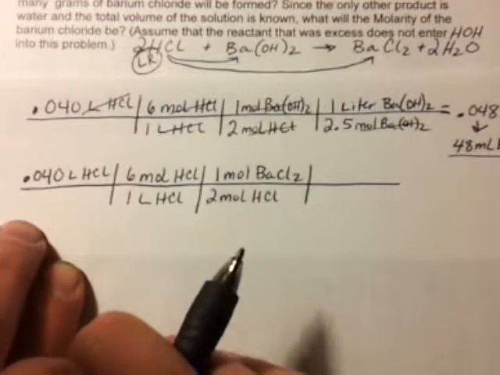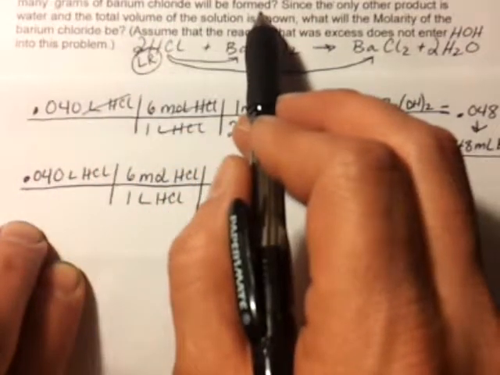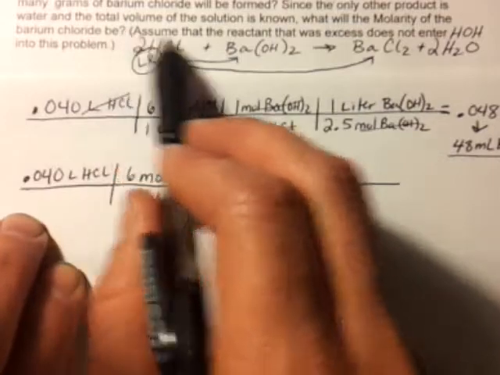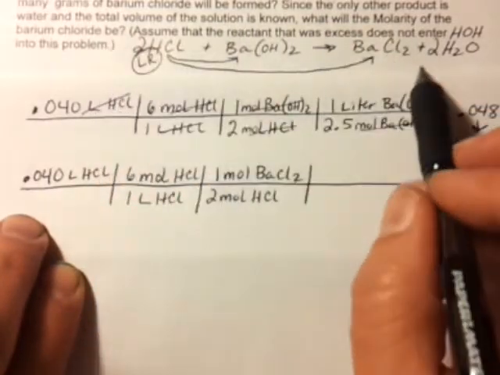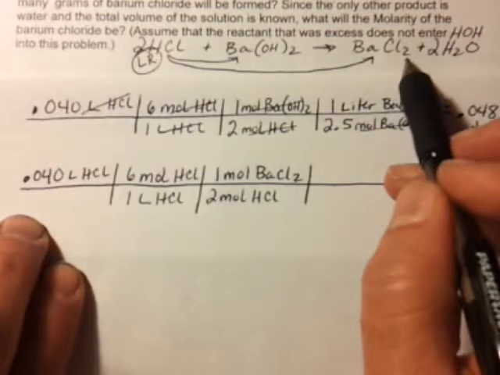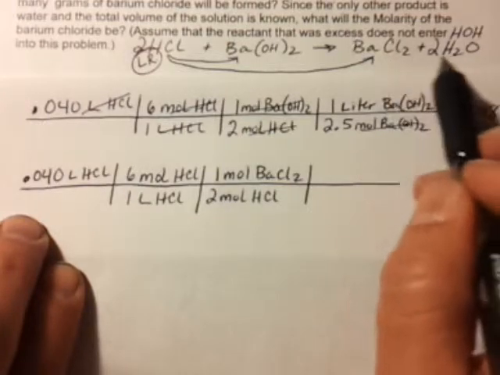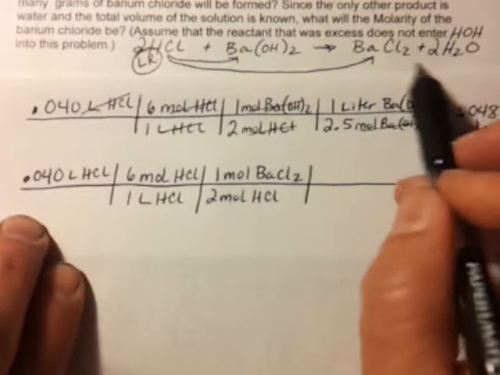And then this time, since it's asking me for grams, how many grams of barium chloride will be formed? There are actually 2 questions here. How many grams of barium chloride will be formed is one question, and then it tells you the only other product is water, right? You've got the total volume of the solution. What's the molarity going to be? You're making barium chloride, and you're going to make this stuff in water. You're actually going to make a solution of barium chloride in water. Well, what's the molarity going to be?